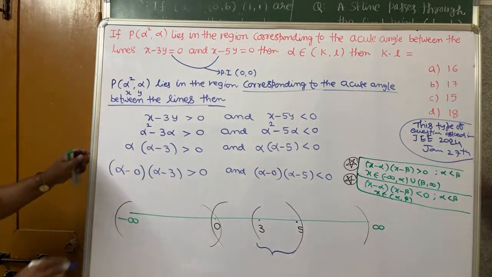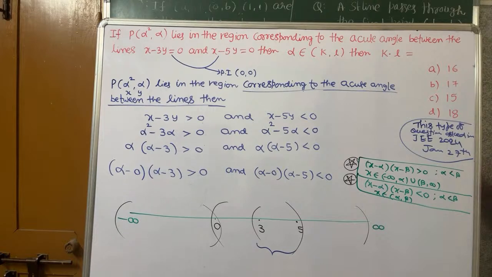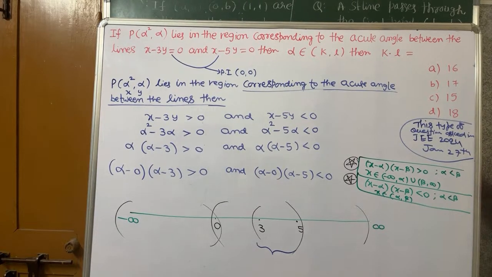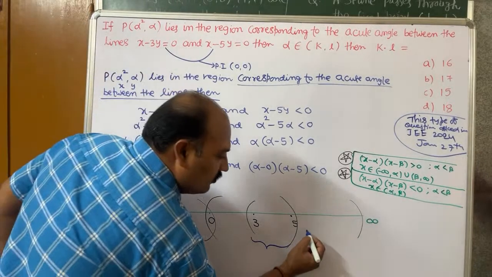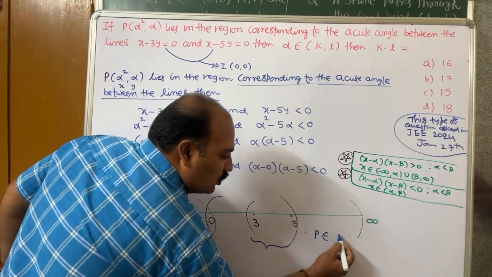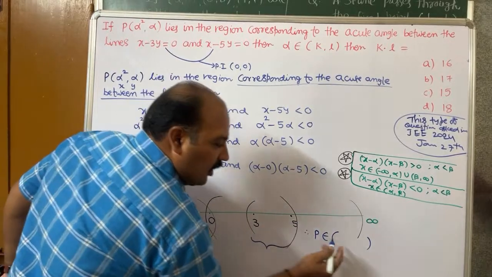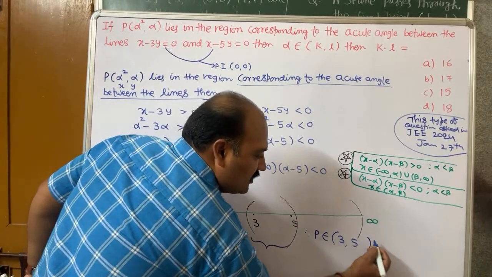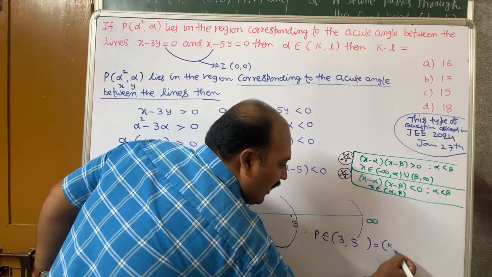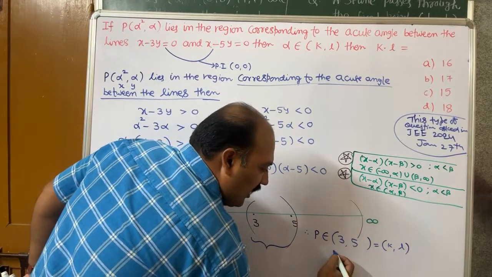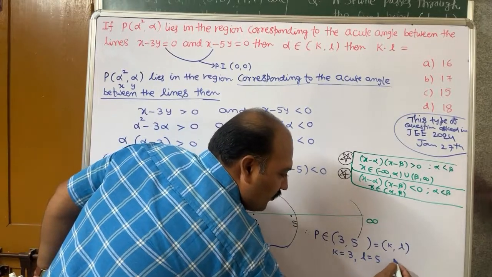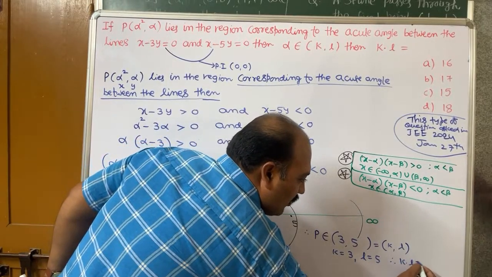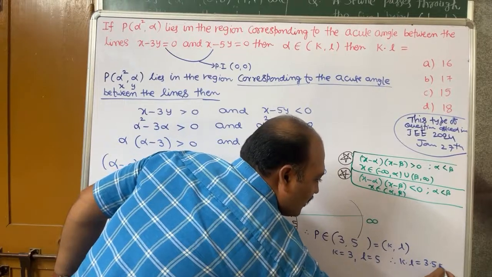Therefore P belongs to 3 comma 5, the common interval. This you have to compare with k comma l. So k value 3, l value 5. Therefore k into l equals 3 into 5, that is equal to 15.